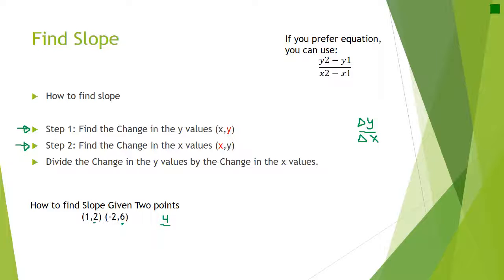The change from our x values, from 1 to negative 2, if you think of a number line, here's 0, here's 1, here's negative 2. If I'm starting here at 1 and I end at negative 2, that means I've moved negative 3. See that? 1, 2, 3 in the negative direction. So that means the change in my x values are negative 3. So there's my slope. 4 over negative 3.